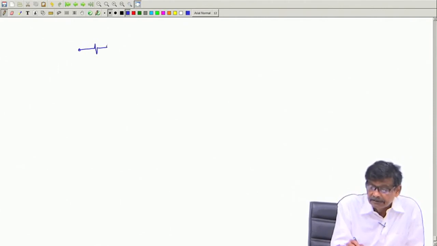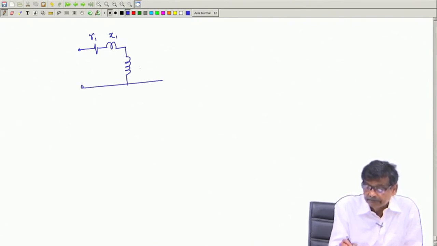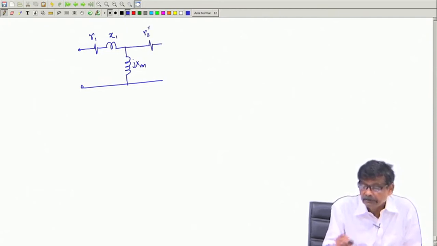On the primary side it will be like this, R1, X1 leakage reactance, small values. Then I showed a magnetizing branch here, jXm, and then here there will be R2 dashed, which will be equal to a square into R2.